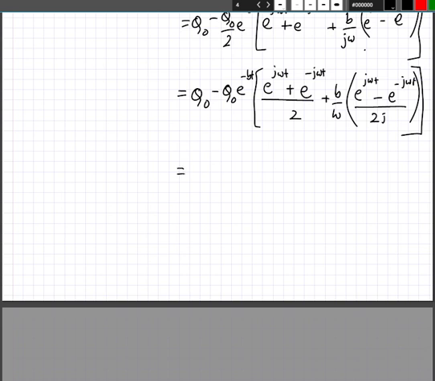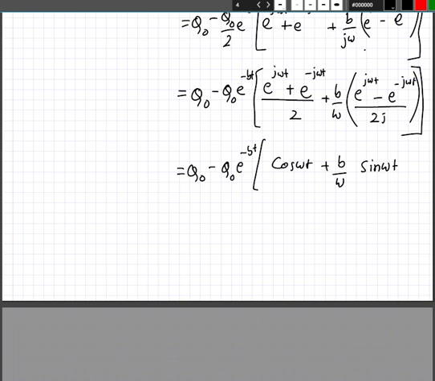So that is q naught minus q naught e to the power minus bt into, this is nothing but the cos omega t, and that is sine omega t. So this is cos omega t plus b by omega sine omega t.